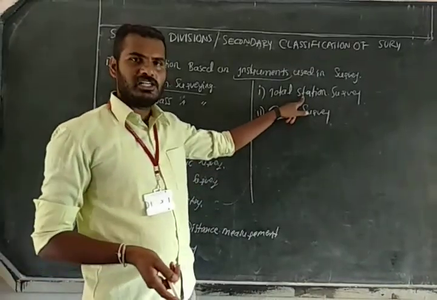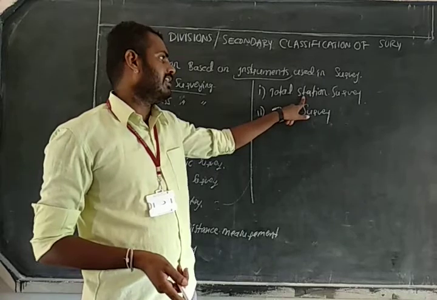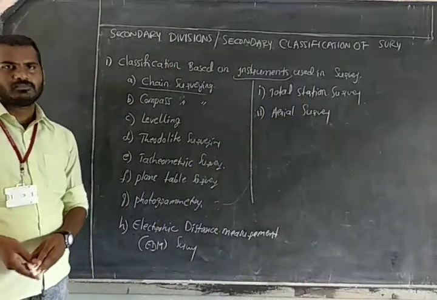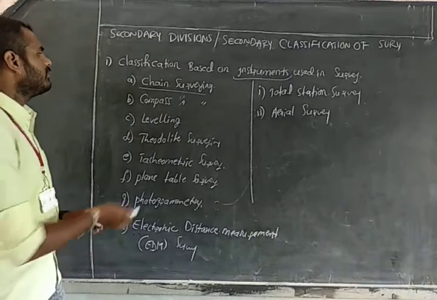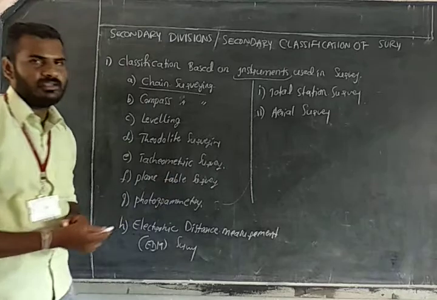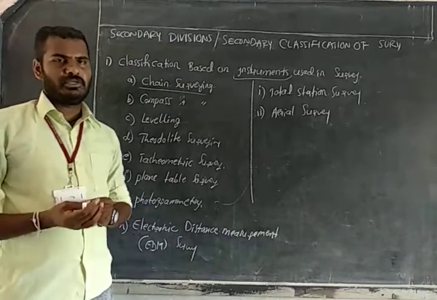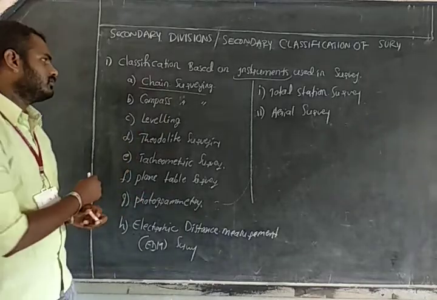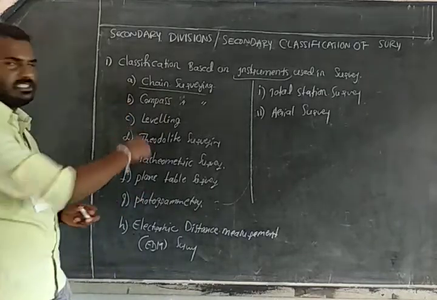Total station is also one device for surveying, where aerial survey will come under photogrammetry. Each individual type of survey includes some minor instruments, but apart from these, we call them the major instruments. That is why we have the name based on the major instruments.